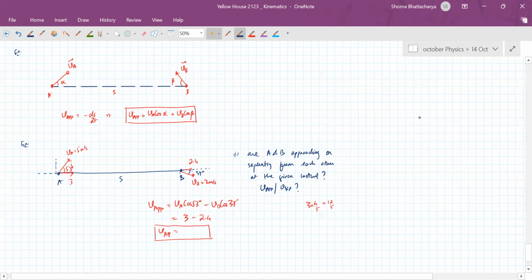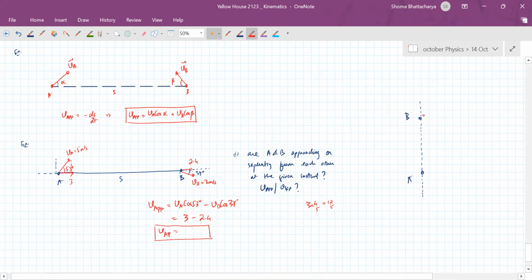If we had a situation like this where two objects are placed such that right now they are oriented along, let's say, the y-axis. Now in this case, what would happen? The y component of velocity would contribute to the approach or separation velocity.